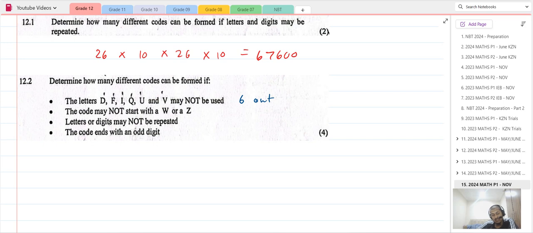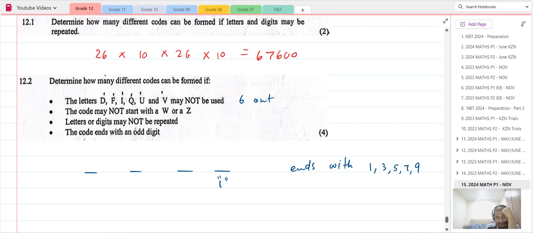If the code ends with an odd digit, let me look at the digits first. It can end with 1, 3, 5, 7, or 9.